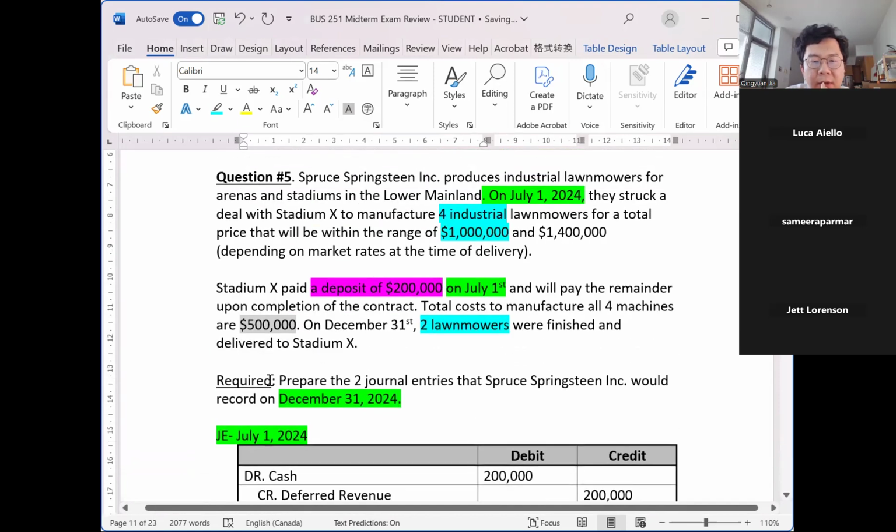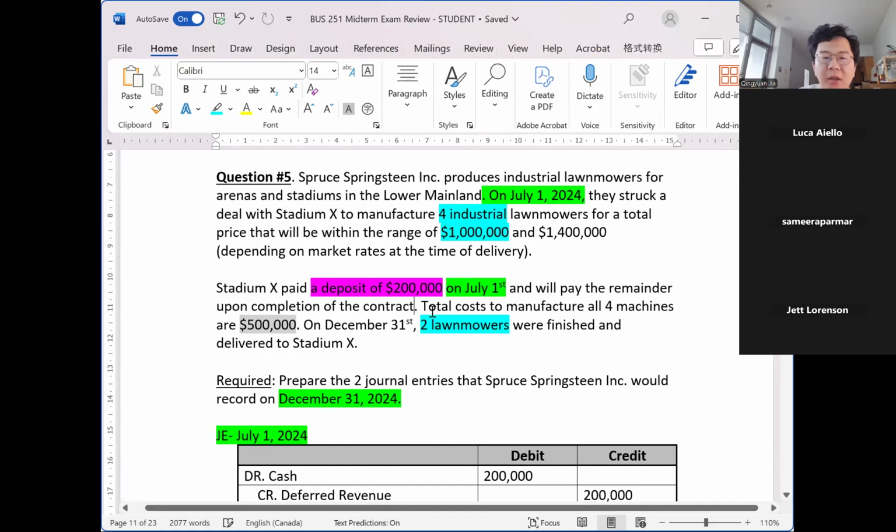So by reading this again, it is said that Stadium X has a deposit of 200,000 on July 1st and will pay the remainder upon completion of the contract. So Stadium X has not paid us yet.